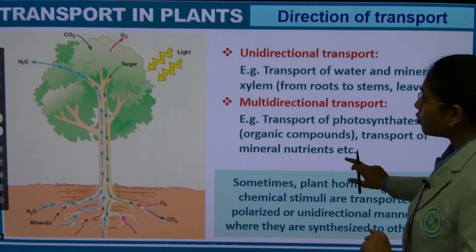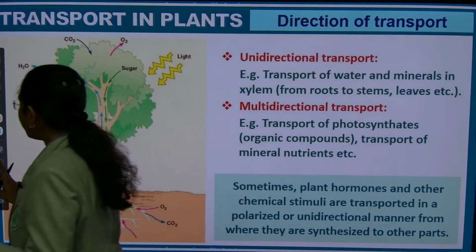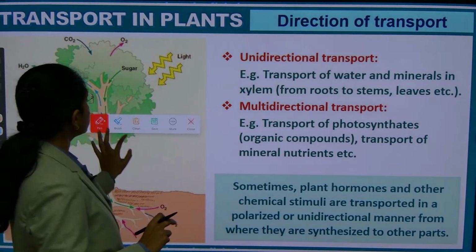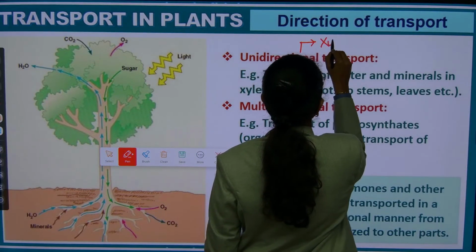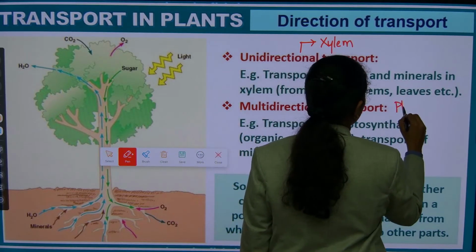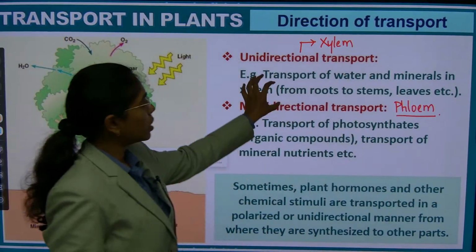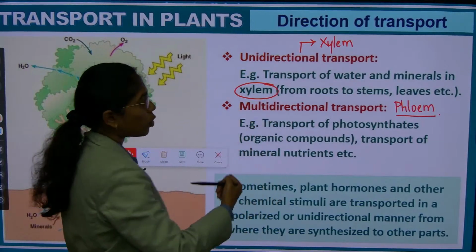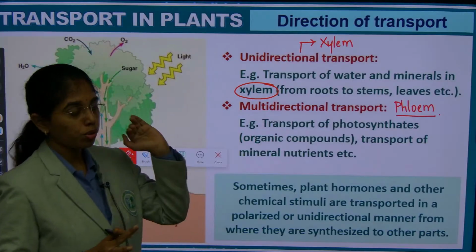Now, you have to know about unidirectional and multidirectional transport. Always remember, unidirectional transport occurs in xylem tissues, and multidirectional transport occurs in phloem. This is the transport of water and minerals in the xylem from roots to different parts of the plant, from roots to stems, roots to leaf.